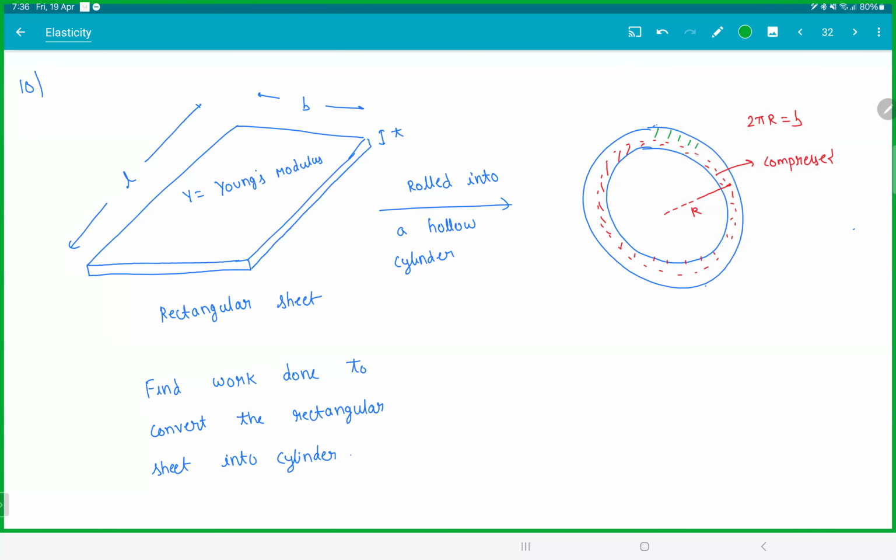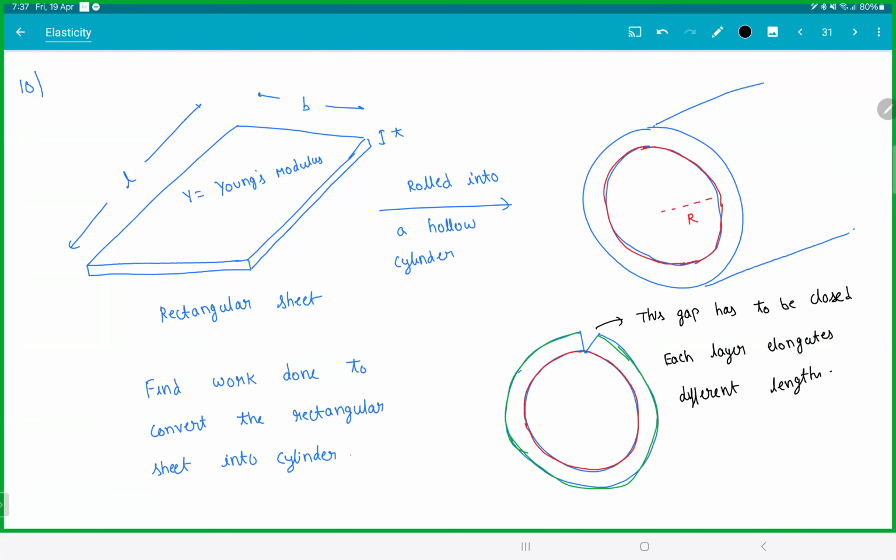And this upper half got elongated, exactly in the center. So thickness t by 2 is compressed, and the outer thickness t by 2 is elongated. You're getting it? You just assumed it to be t by 2. Meaning half of the thickness is compressed, half is elongated. They will mention how to play with it, but either way you will get the same answer though.